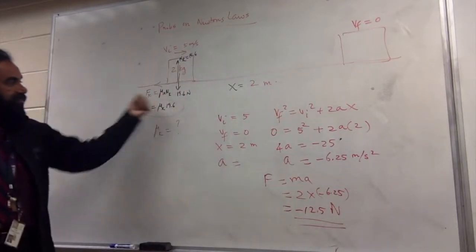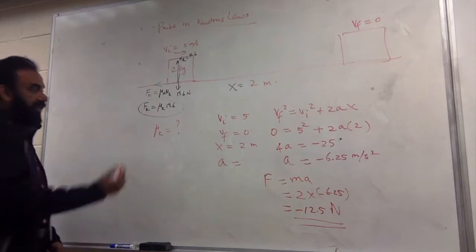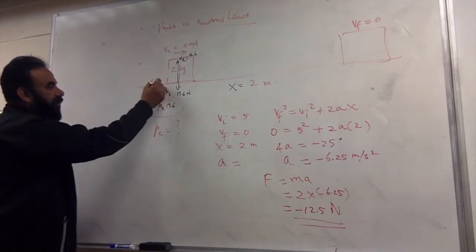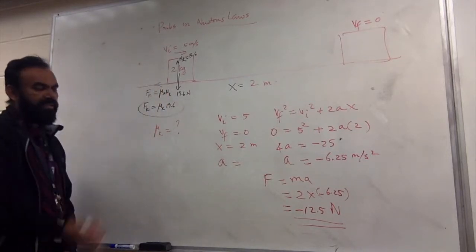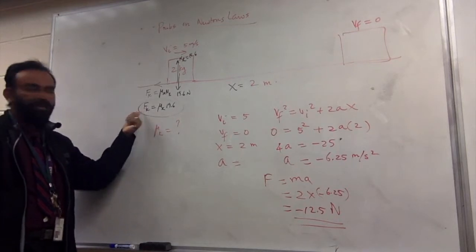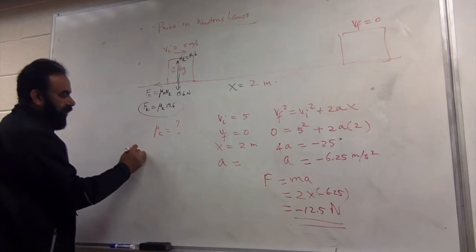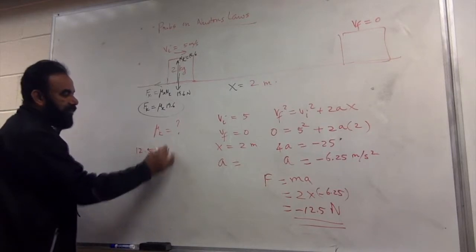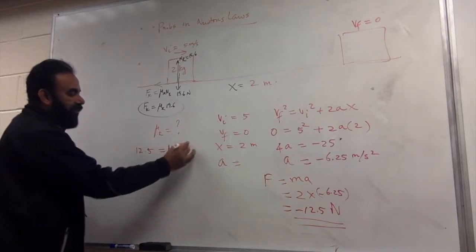So we understand that this frictional force is 12.5 negative. That's why I'm putting the arrow backwards. You don't have to really take the negative sign when you're just substituting it here, because we know this is negative. So 12.5 is equal to mu k times 19.6.